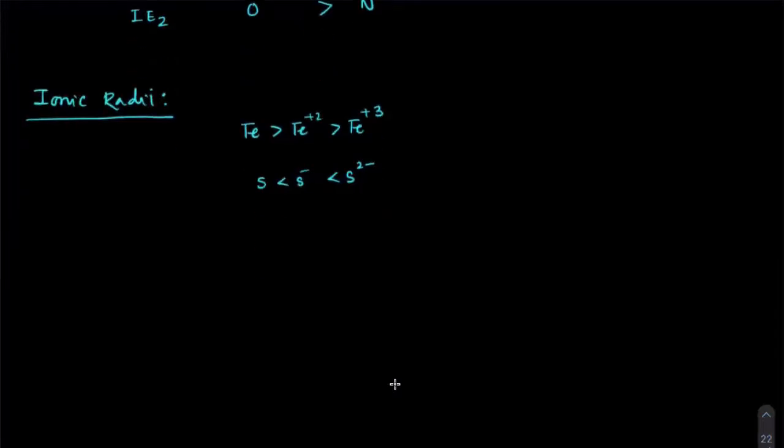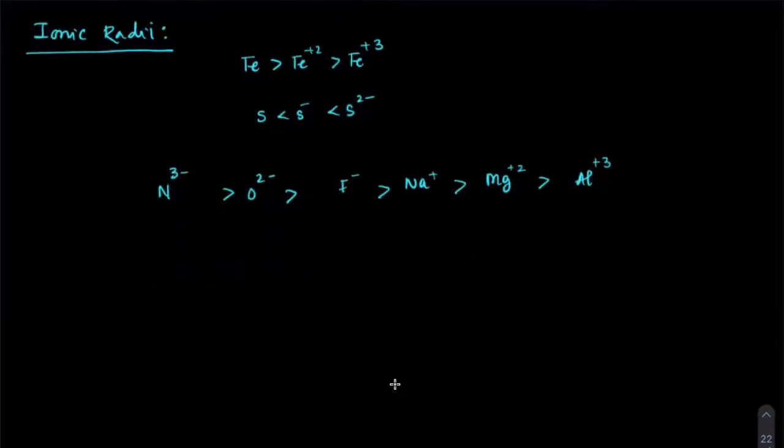If you have isoelectronic ions like N3 minus, O2 minus, F minus, Na plus, Mg2 plus, and Al3 plus, then for isoelectronic ions, you should always be clear that the more electrons you have compared to protons, the larger the size.